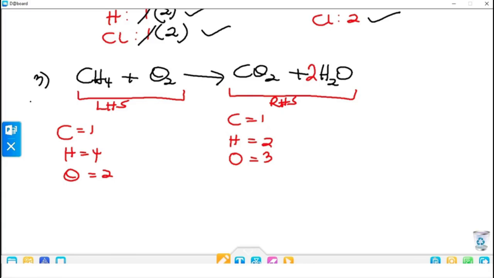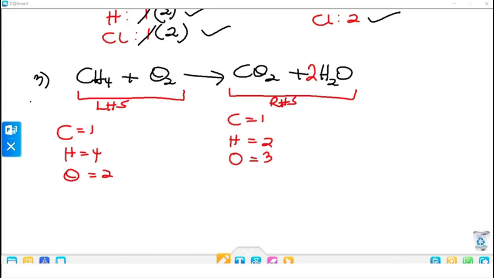But placing that 2 in front of H2O has automatically affected oxygen. Oxygen is no longer going to be 3 at the right hand side, because the 2 that has been placed in front of H2O is not only for hydrogen. It affects both hydrogen and oxygen.